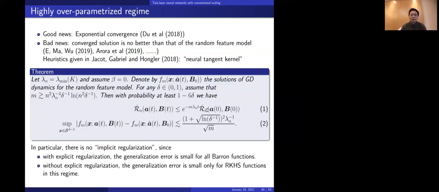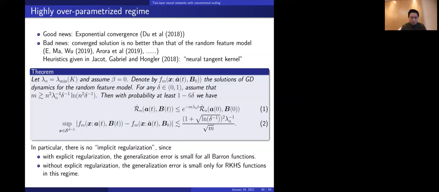First of all, there is exponential convergence of the training error. Secondly, the function we get from this training process is uniformly close to what we would have got if we used the random feature model, namely, don't train the inner parameter B. So even though the training error converges exponentially fast, the model itself is no better than the random feature model.